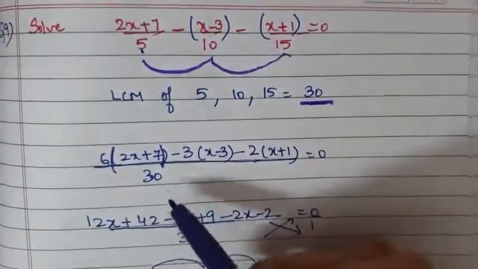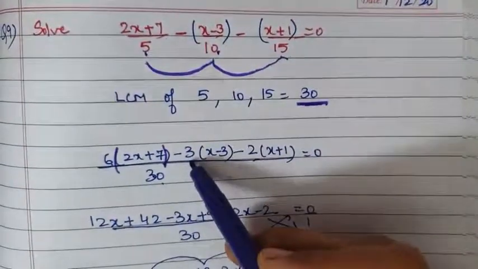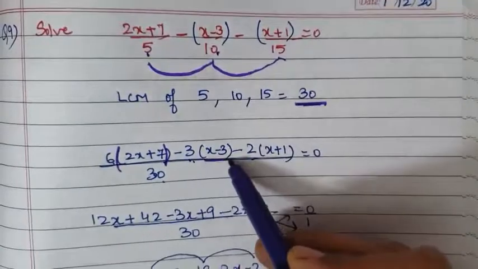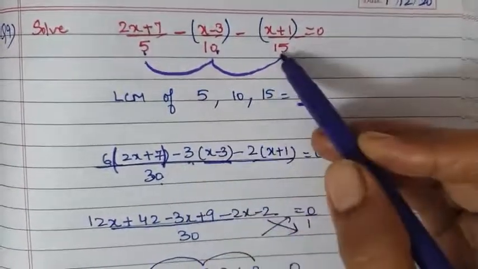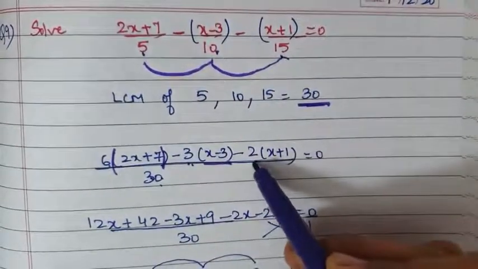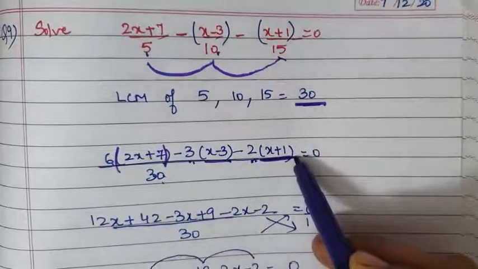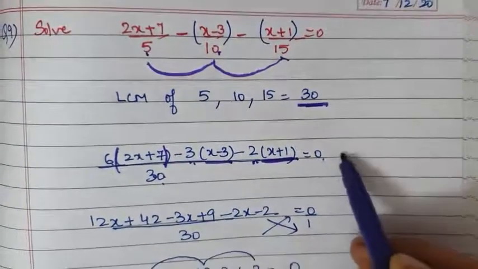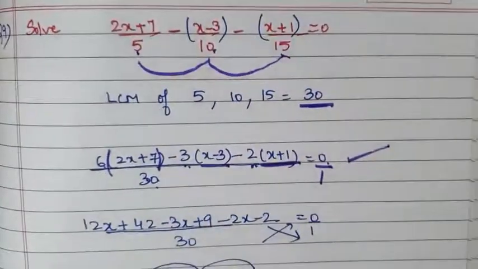Then 30 divided by 10 gives you 3, and 3 will multiply with this whole bracket. Then 30 divided by 15 gives you 2, so 2 will get multiplied with this whole bracket is equals to 0. Or you can also write 0 upon 1.